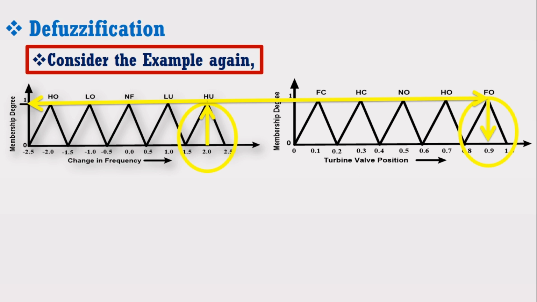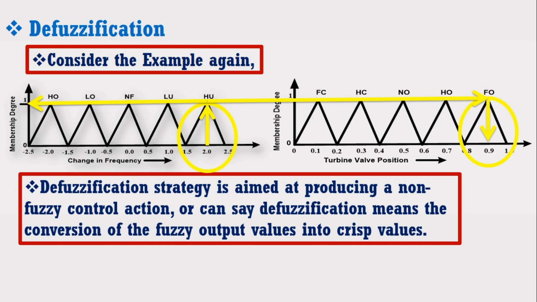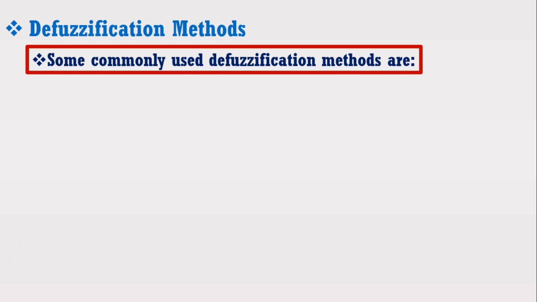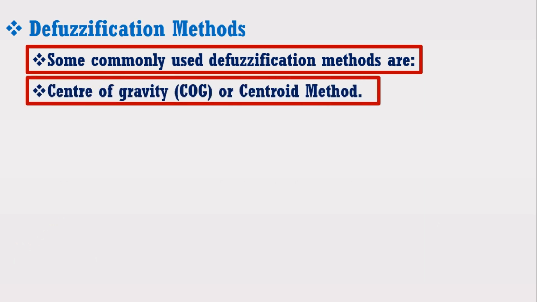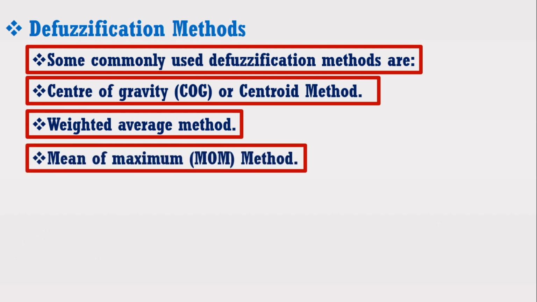Therefore, defuzzification strategy is aimed at producing a non-fuzzy controlled action, or we can say defuzzification means the conversion of the fuzzy output values into crisp values. For this purpose, different mathematical methods are used for defuzzification. Some commonly used defuzzification methods are center of gravity or centroid method, weighted average method, or mean of maximum method.